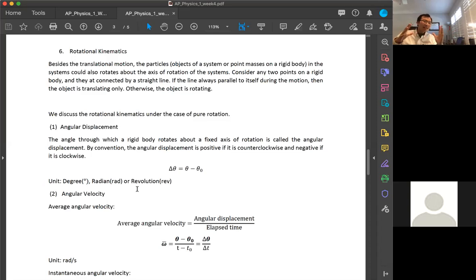But this is from the outside, for each point inside of the system. However, inside of the system, they can also have relative motions, right? So it can rotate. So this is the situation we discussed.